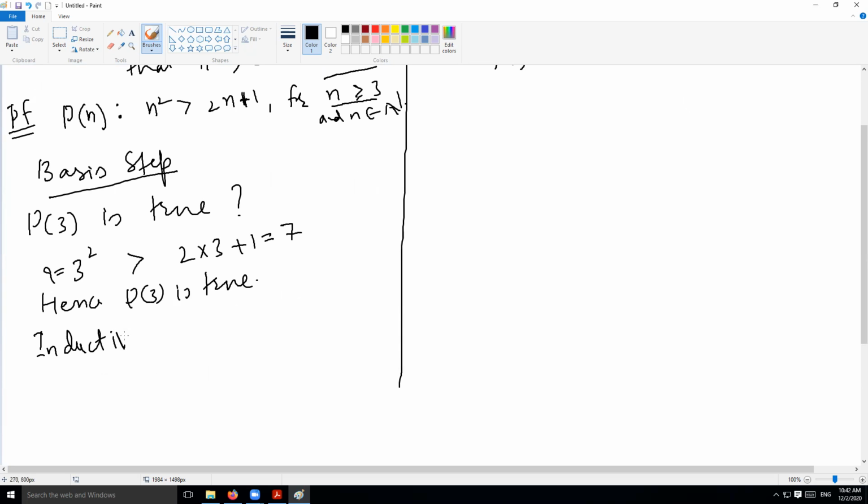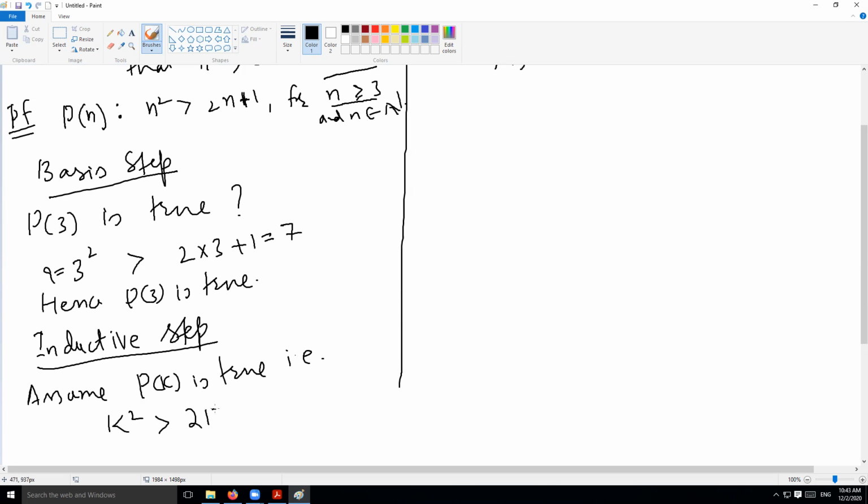So help me out in the inductive step. What should I do? Let's assume P of K is true. That is, K square is bigger than 2K plus 1, and keep in view that K is bigger than or equal to 3.